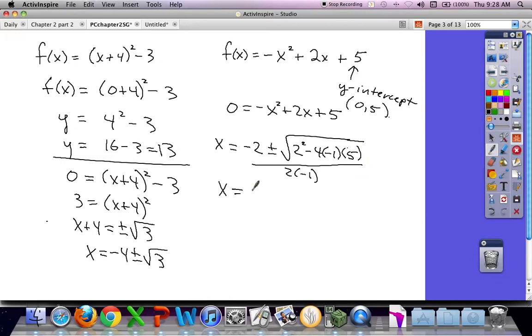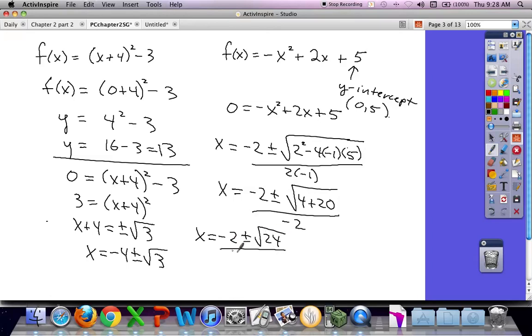X equals negative 2 plus or minus the square root of 4 plus 20, divided by negative 2. So x equals negative 2 plus or minus the square root of 24 divided by negative 2. And the square root of 24, we could simplify.